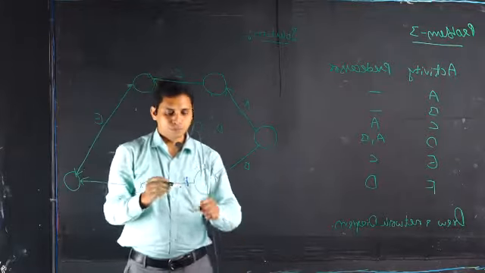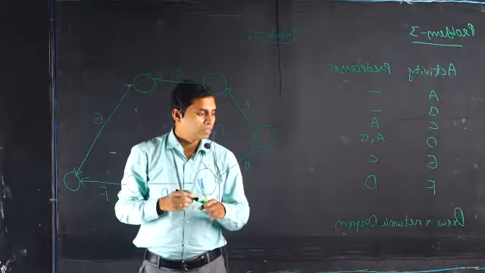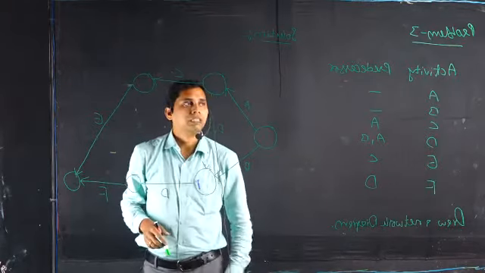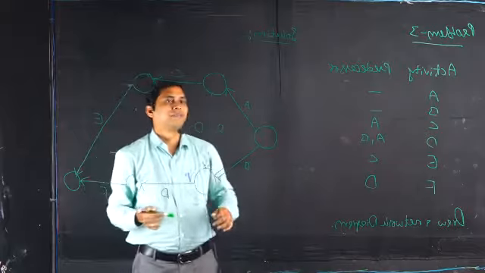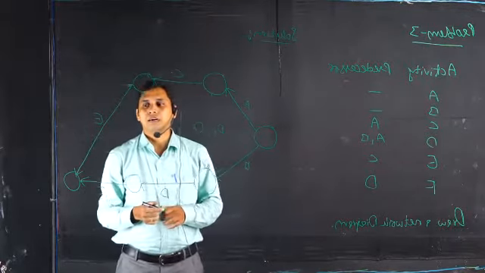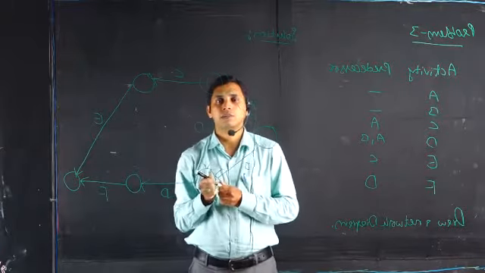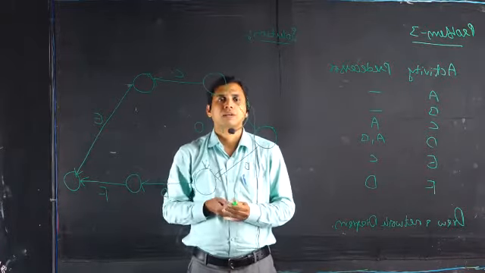Now hope this is very clear for you, how to draw a network diagram for problems like this, where a dummy is required. Once again let's recollect and give some numbering for this problem.